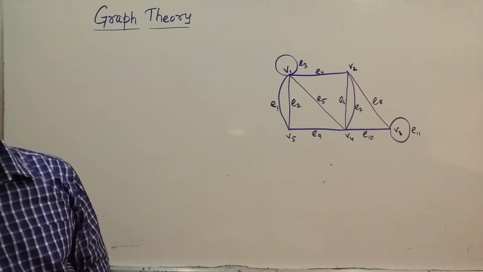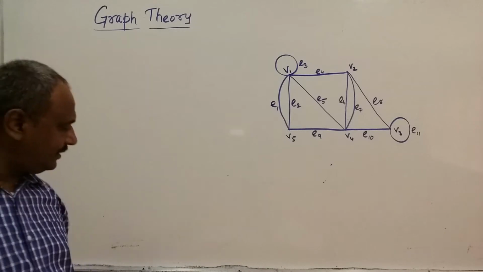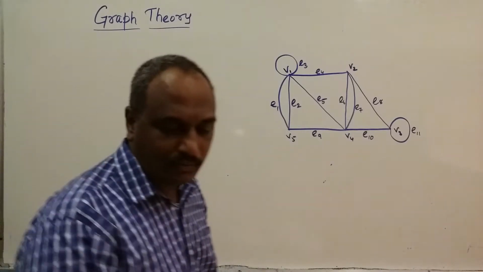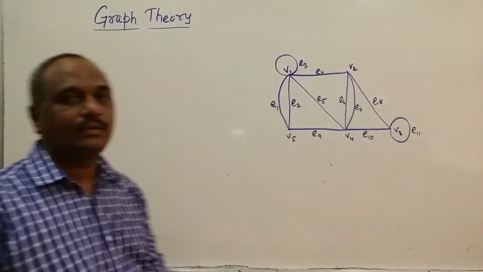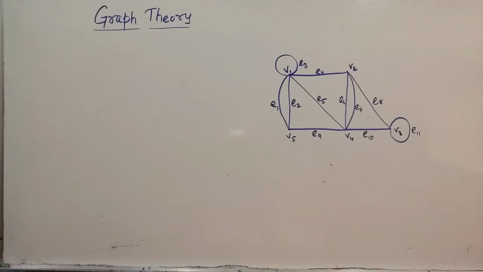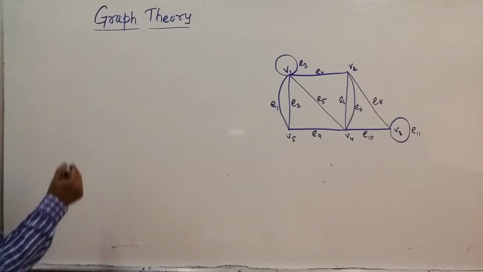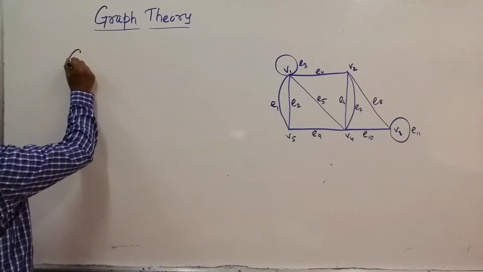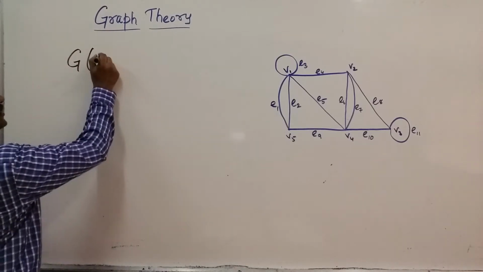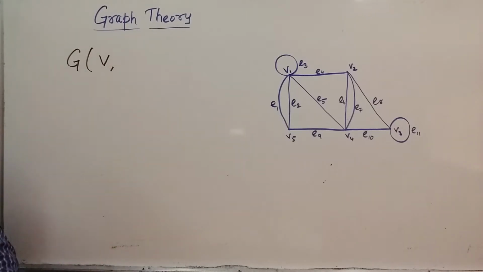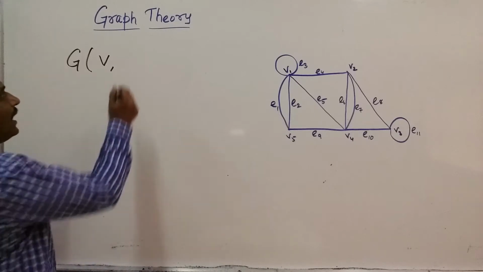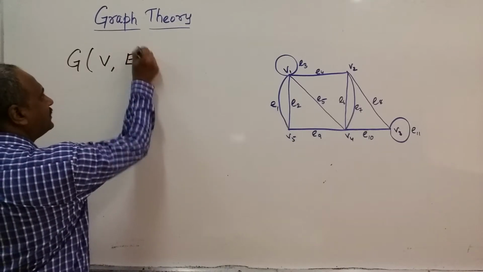When we were studying mathematical ideas, we defined a graph. What is the meaning of a graph? We said a graph is a collection of vertices and edges.